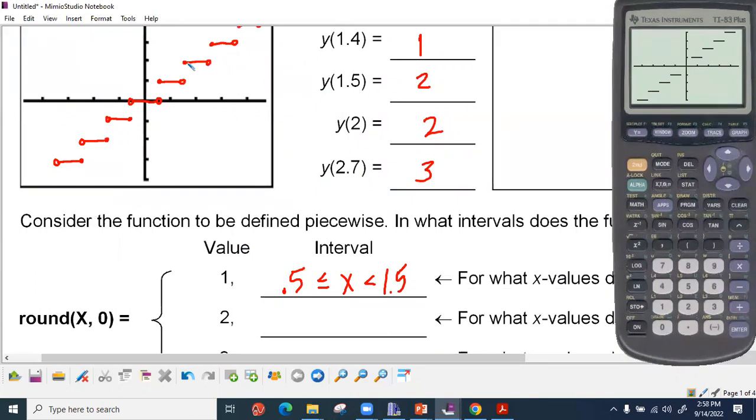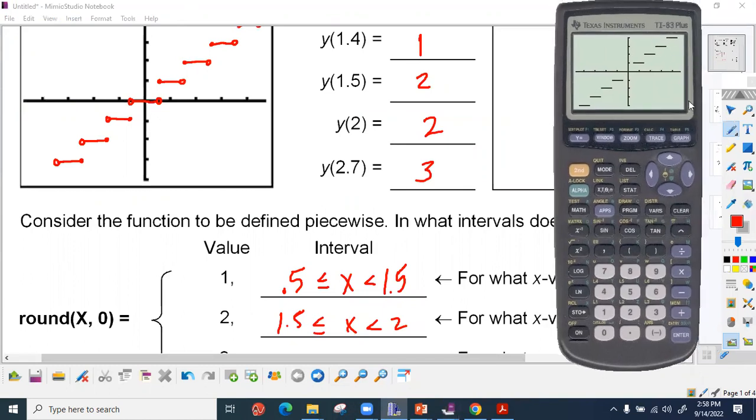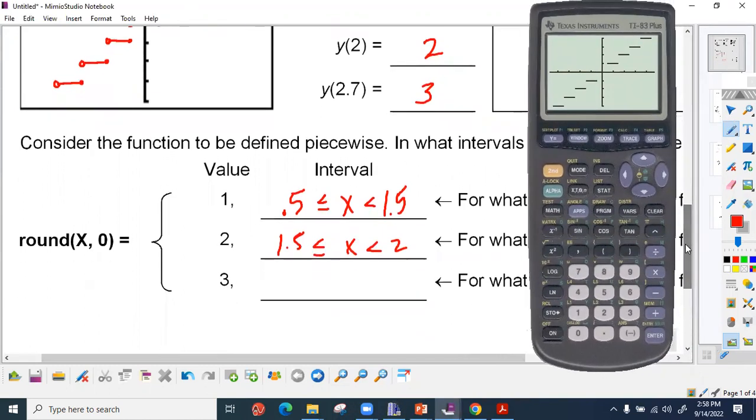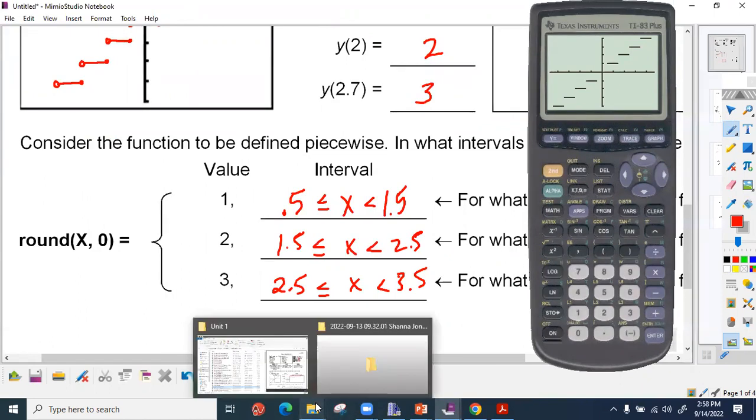And then if I want to have 2, what do we get? Are we cool with the pattern so far? And then therefore 3 would be? Less than what? Sorry, it's 3.5. I forgot my 5.